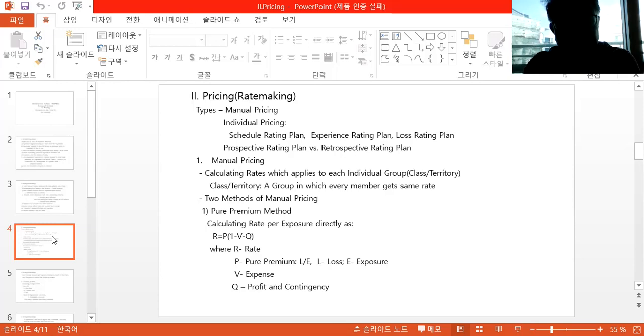In the pure premium method, we calculate the rate per exposure directly as R = P/(1 - V - Q), where R is the rate, P is the pure premium, which is L over E, L is loss and E is exposure, V is the company expense, and Q is profit and contingency. Here contingency is meant for risk charge.